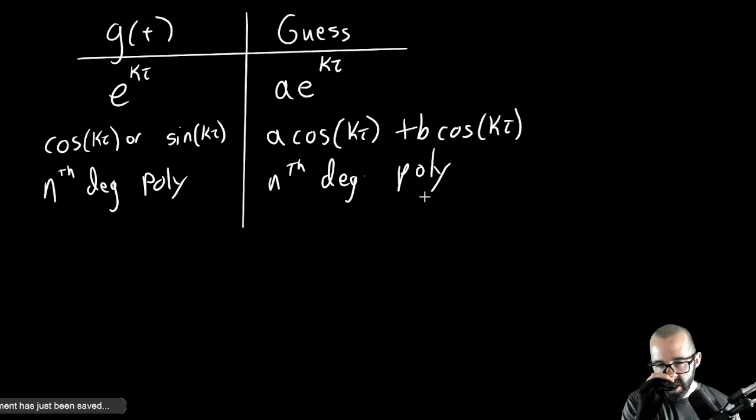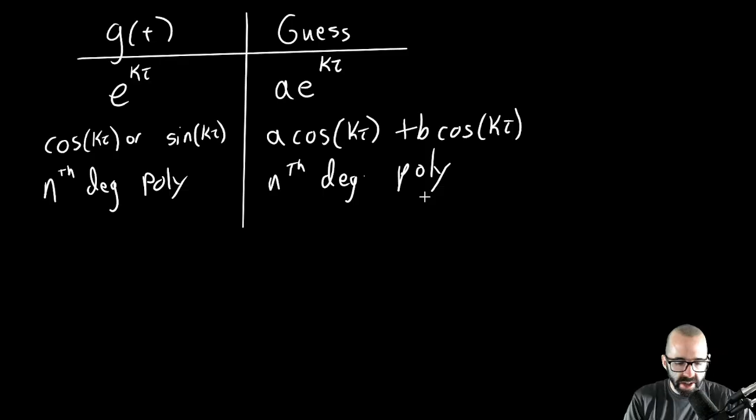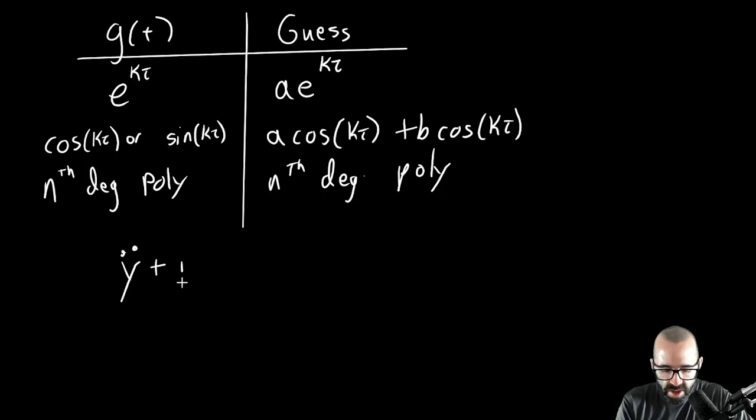We'll do it a little bit in the videos, but mostly on the homework. And that's really the common guesses that we're going to get. We're not going to deal with anything super messy in this class. These are the main things that we're going to look at. And again, as a reminder, this is to help us find any particular solution to an equation that looks like this.